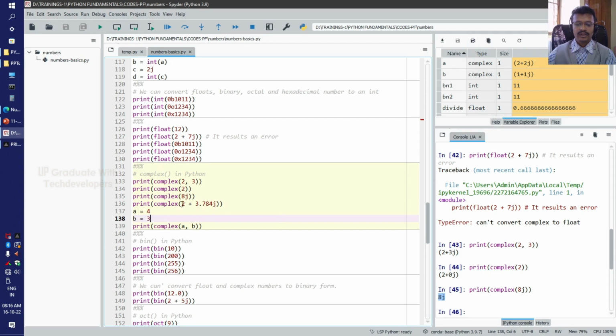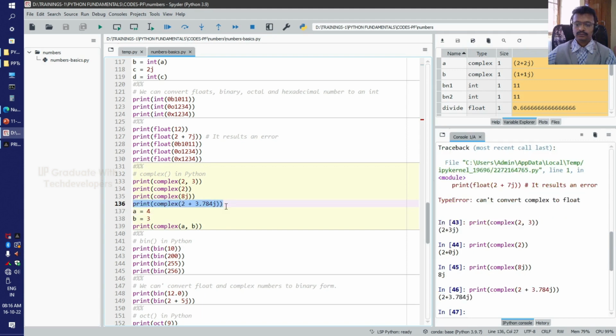What happens if we use a complex number directly inside the complex function? Let us see what happens. It will just create the complex number as it is. Okay.